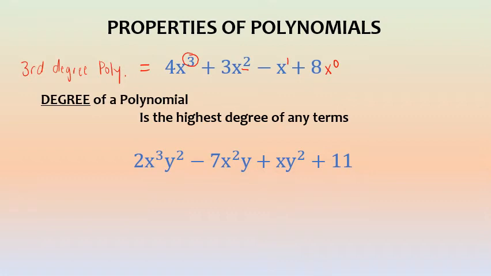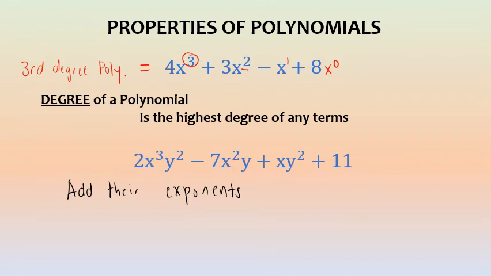It can be a combination of complicated variables. Kagaya nito, magkakasama. So how do we compute the degree of these polynomials? To find the degree of this polynomial, we simply add their exponents. Okay? So pag-add-add lang natin yung exponents ng mga terms.